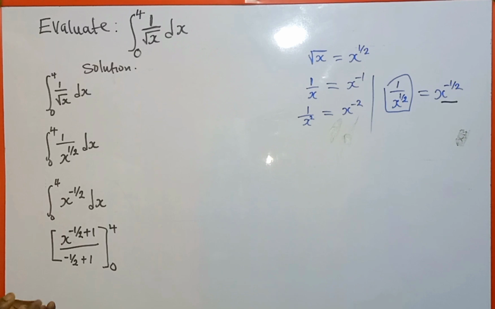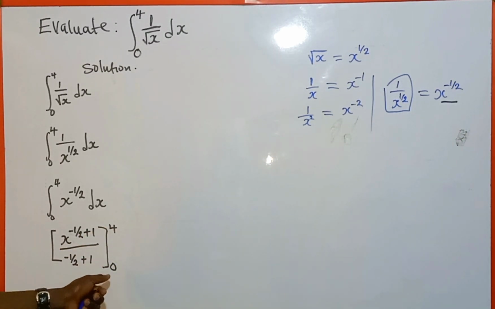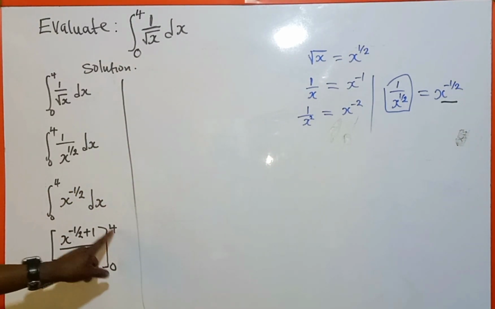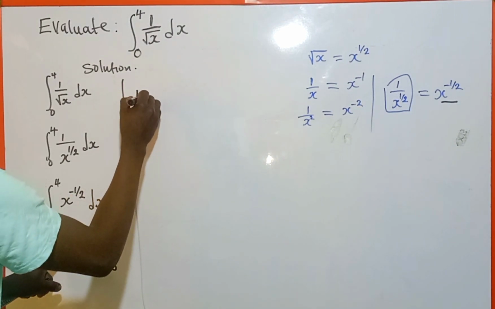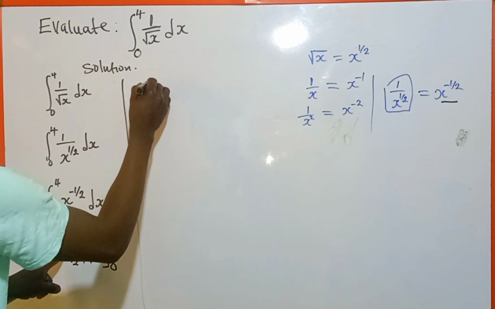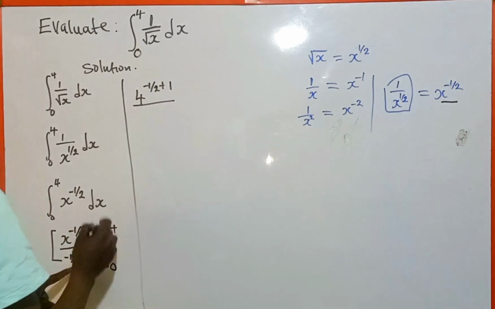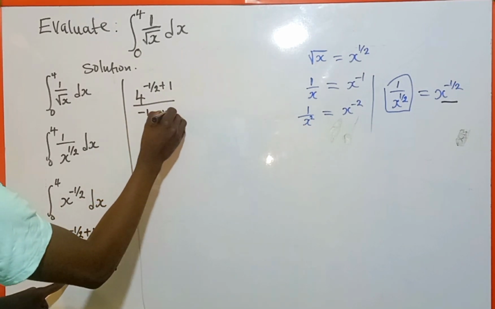The next thing we are going to do is to substitute the limits. Anywhere we see x, we replace it with the limit. And always remember to start from the upper limit, which is 4, before the lower limit. If you substitute 4 in place of x, it is going to be 4 to the power of minus 1 over 2 plus 1, over minus 1 over 2 plus 1.